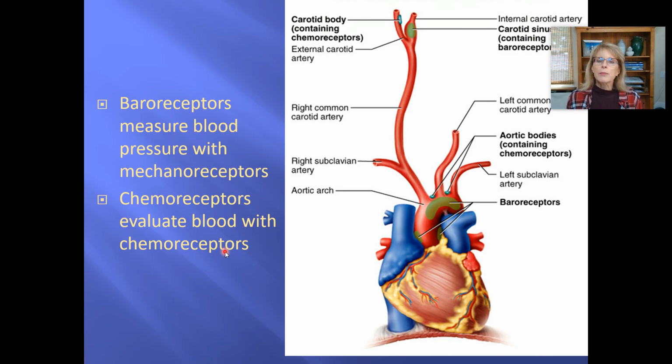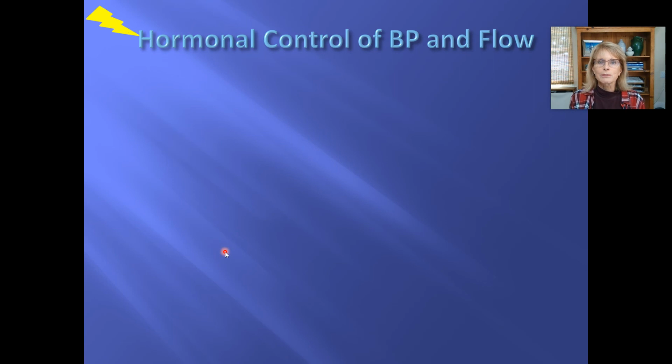And those chemoreceptor cells can change your heart rate, but we're going to be mostly talking about them when we get to the respiratory system, which is going to be our next topic. So keep them in mind. The chemoreceptor and mechanoreceptor cells are in the same vicinity, but in slightly different areas.